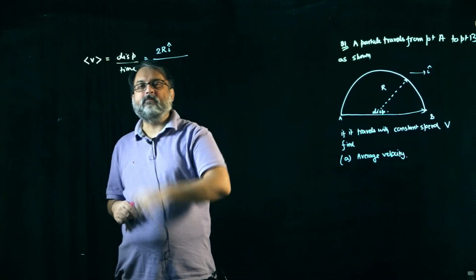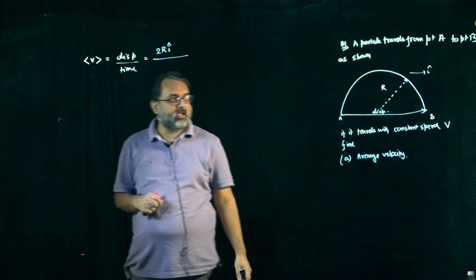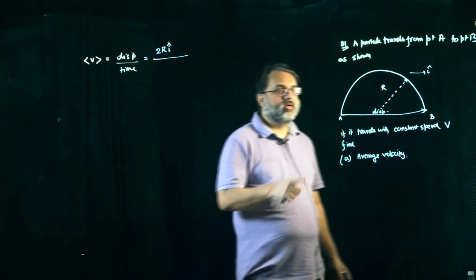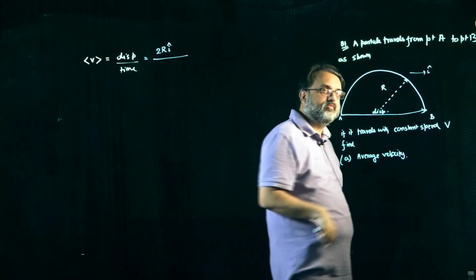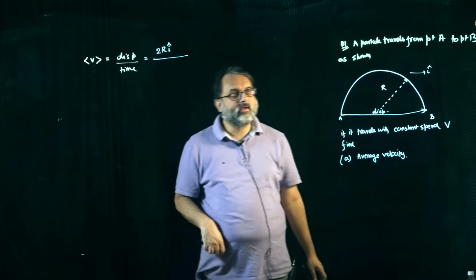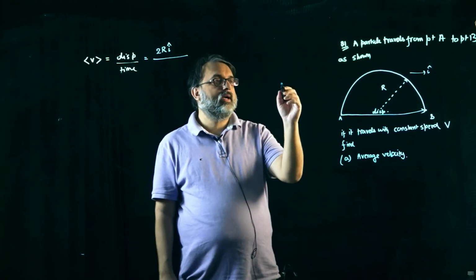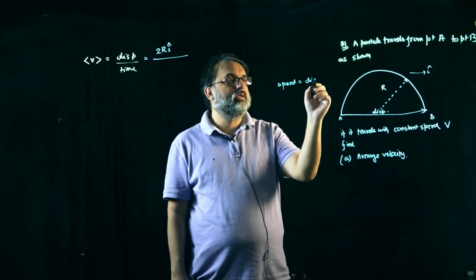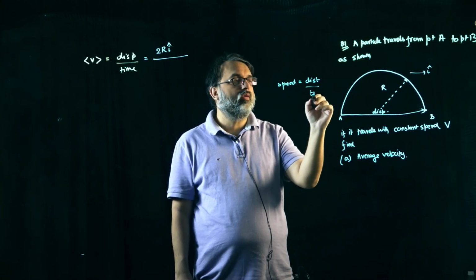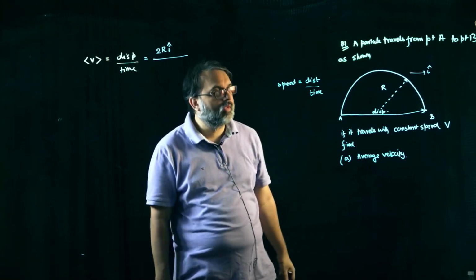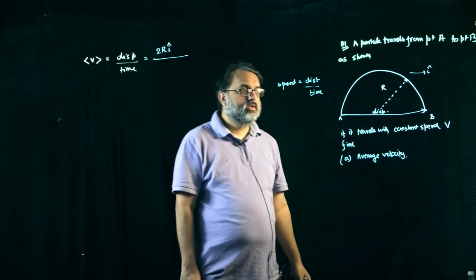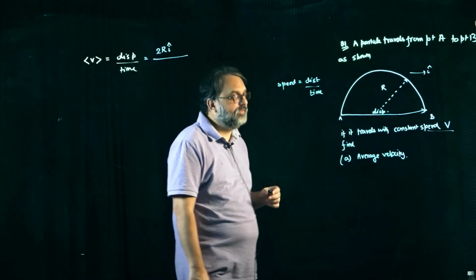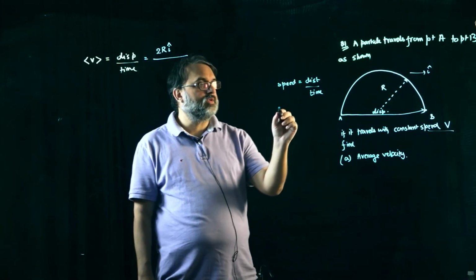Divided by the time. Well, how much time did the particle take to go from this point to this point? Well, I know that speed is equal to distance over time, right? So the particle moves with constant speed v, therefore this must be v.